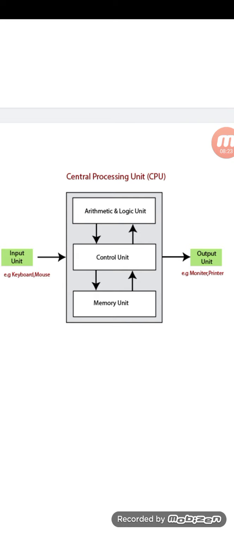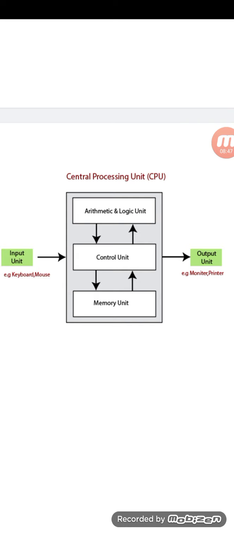The CPU itself is divided into 3 parts: arithmetic and logic unit, then control unit, then memory unit. These 3 things have their own peculiar functions.